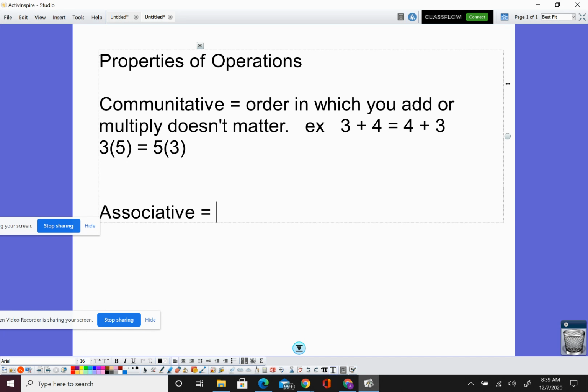So you're associating with groups of friends. The associative property says it doesn't matter how you group things together. You can group them like that, or I can group them like this. You're going to get the same answer. The same thing for addition and for multiplication.